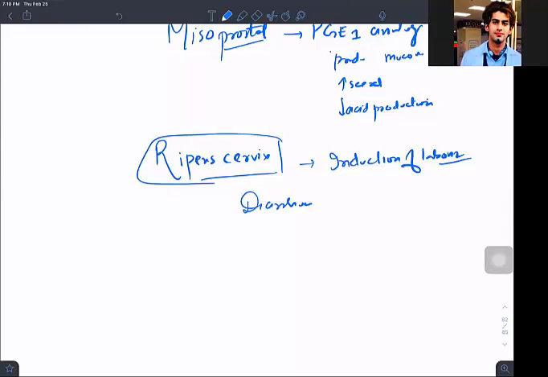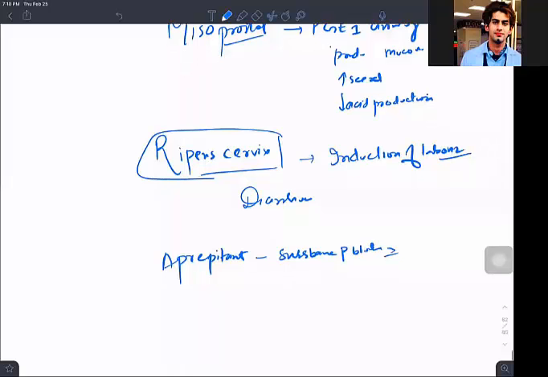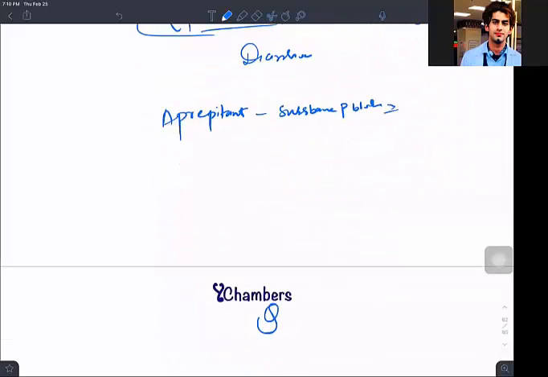So can you tell me something about aprepitant? Aprepitant is basically a substance P blocker. It blocks the neurokinin 1 receptor in the brain.